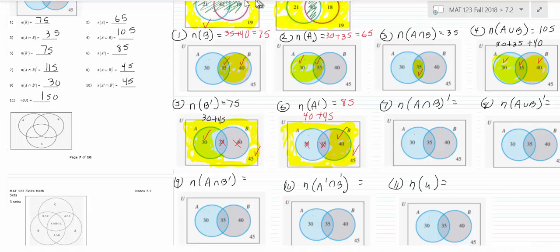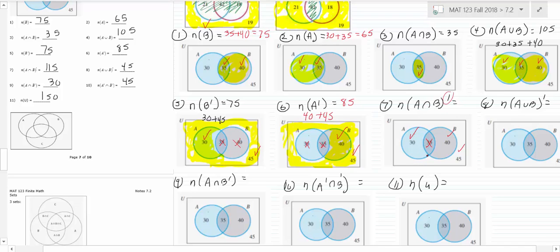The next one is this. The way to look at this is think about what A intersect B is. Well, A intersect B is this part, so you would be outside of that. So that means you would be at the 30, 40, and the 45. So you're outside of the intersection.